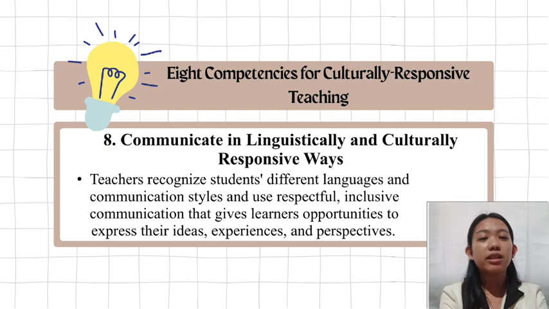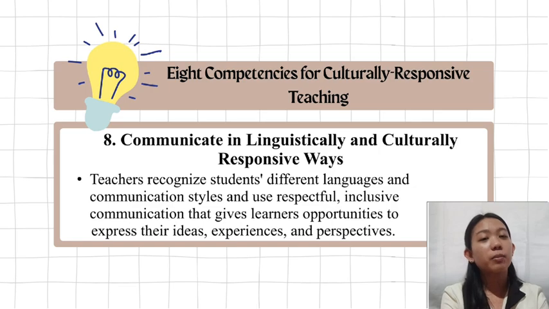This can mean listening carefully, giving learners enough time to express themselves, using understandable language, and allowing them to share their experiences. Now, culturally responsive communication is not only about how teachers speak, but also about how they listen and respond.